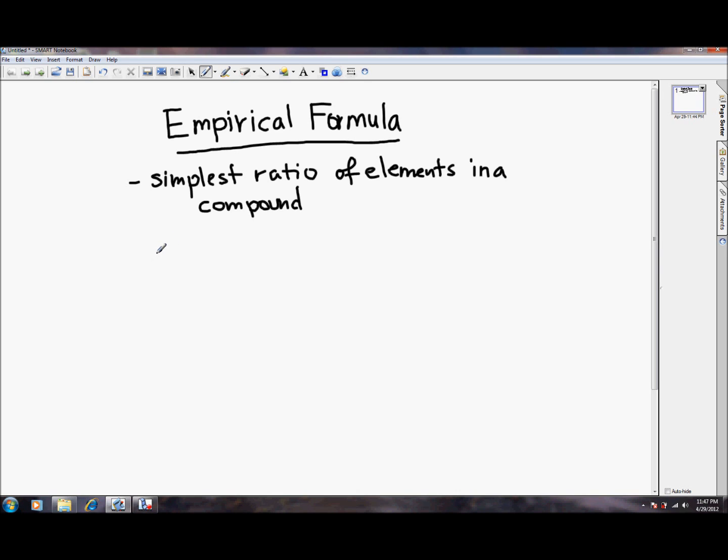Alright, in order to determine empirical formula, we have to have something called percent composition data. This has to be provided to you.